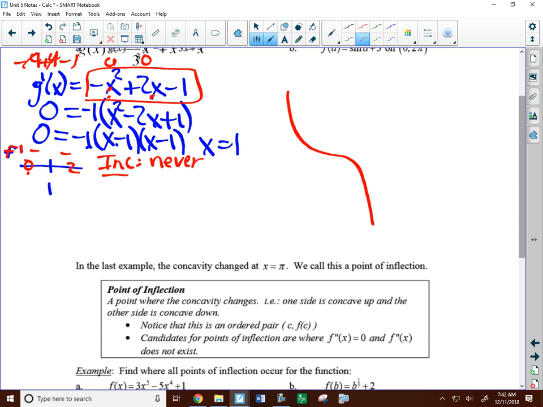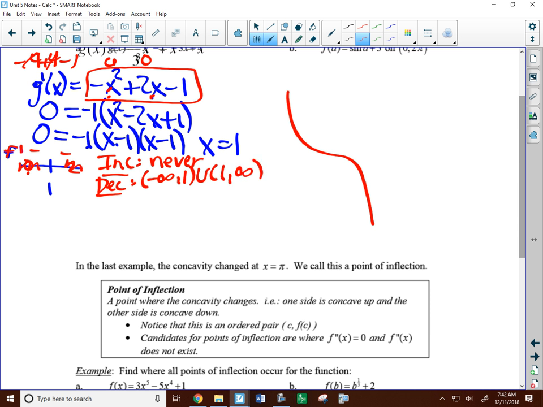Never. There's no positive up there. Oh, by the way, I'm going to cross off those test intervals so that you're not confused. We're done with those. It's not increasing anywhere. Decreasing where it's negative: negative infinity up to 1, union 1 to infinity.